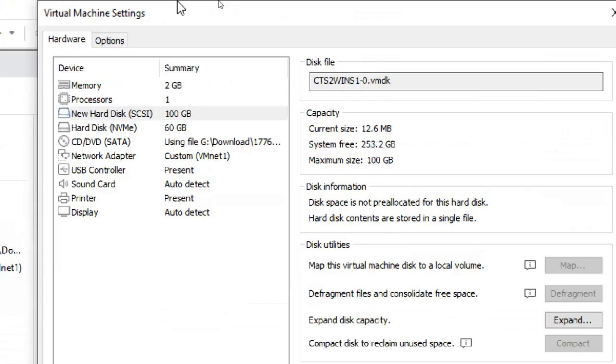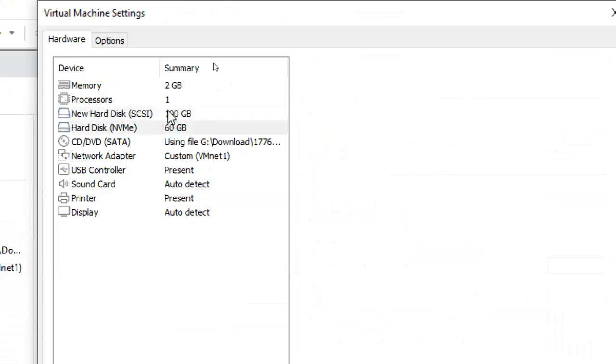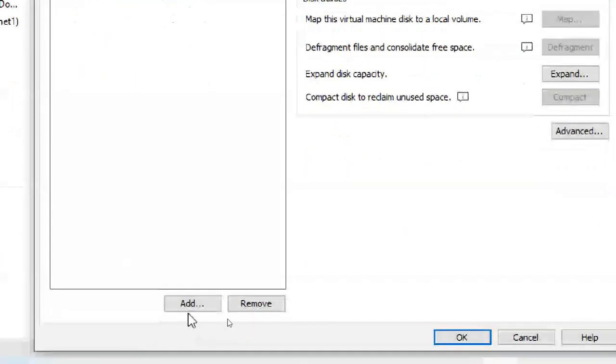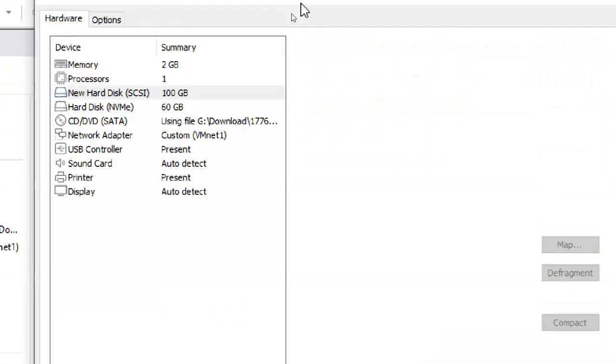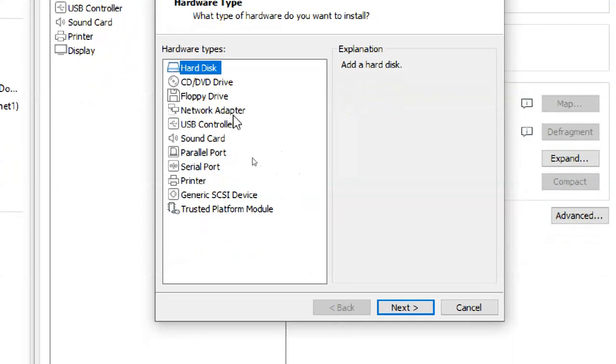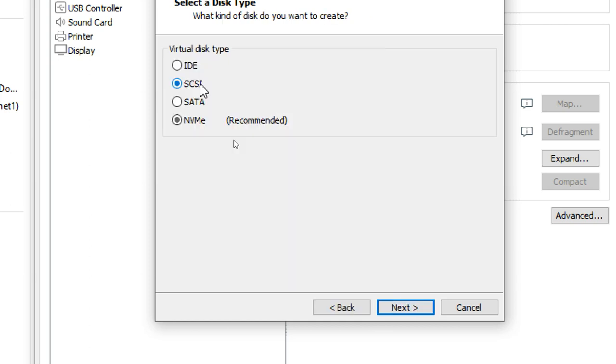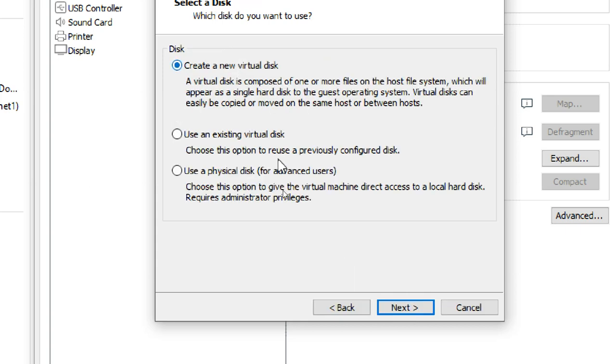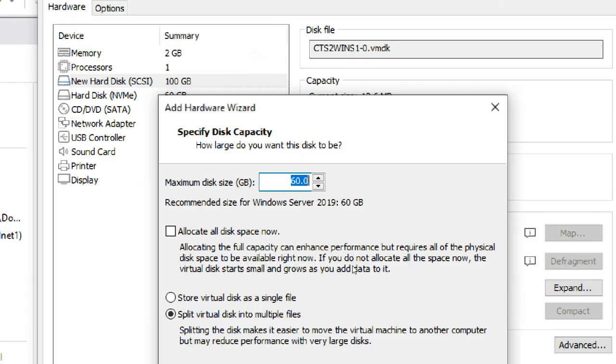Again, add. Again 100 GB added. See, again I'm going to add. When I click on add, the add hardware wizard appears. You can add extra network adapters also, and if you want, a printer port also, no problem. SCSI type, new virtual hard disk.